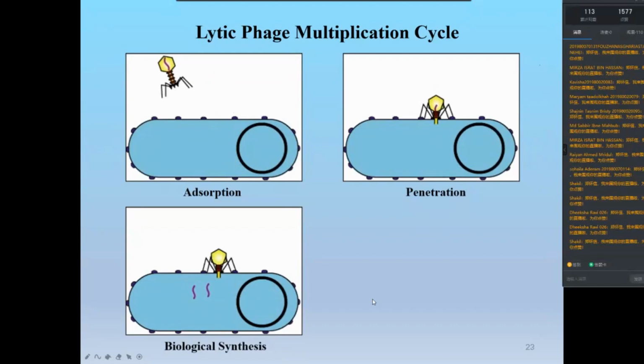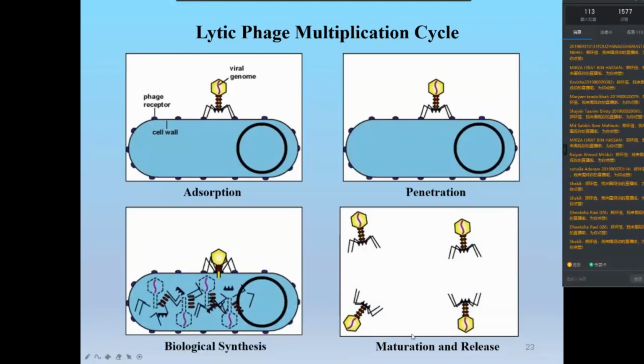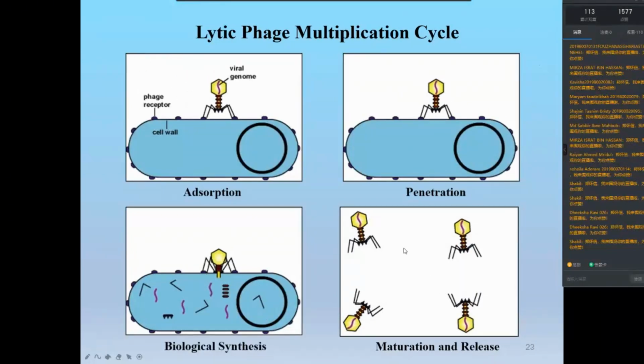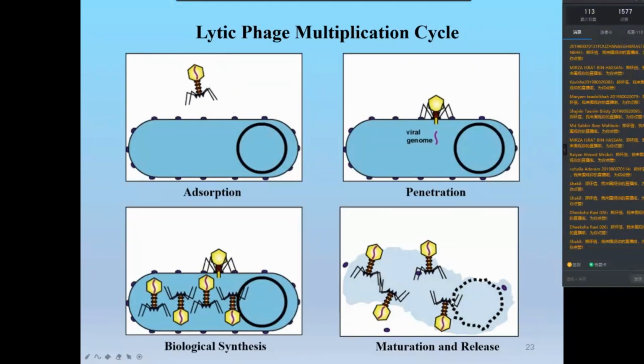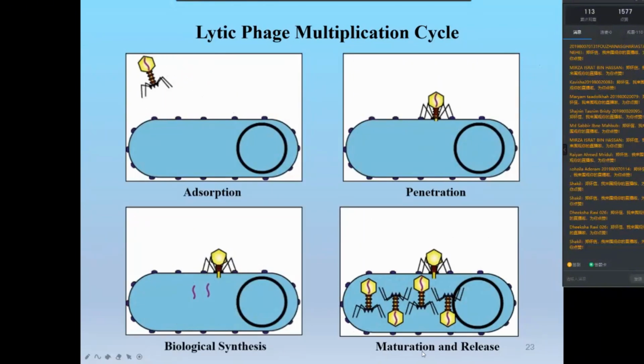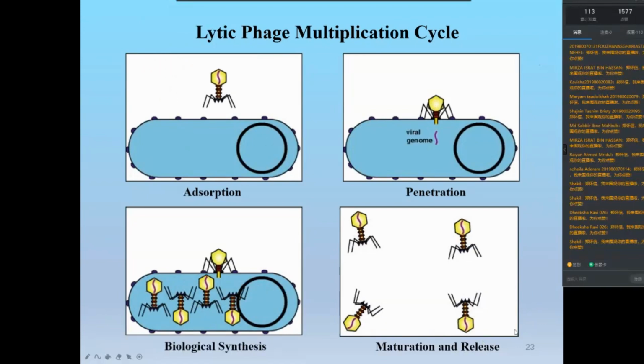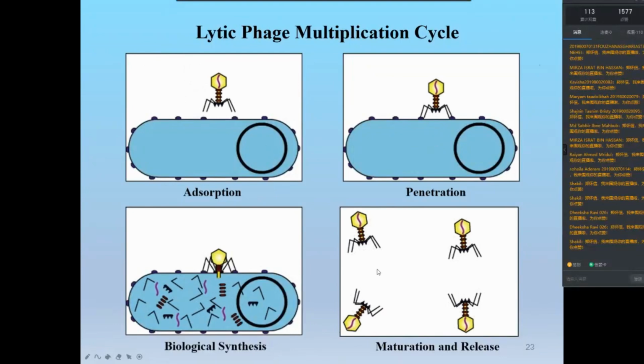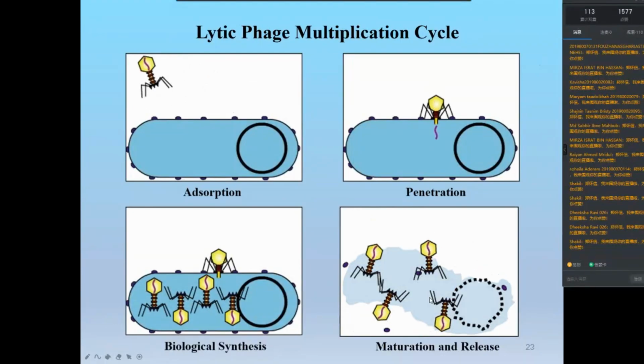Those new viral particles finally mature and lyse the host cell and release. So this is maturation and release. Finally, the host cell is lysed. So this is a lytic phage.